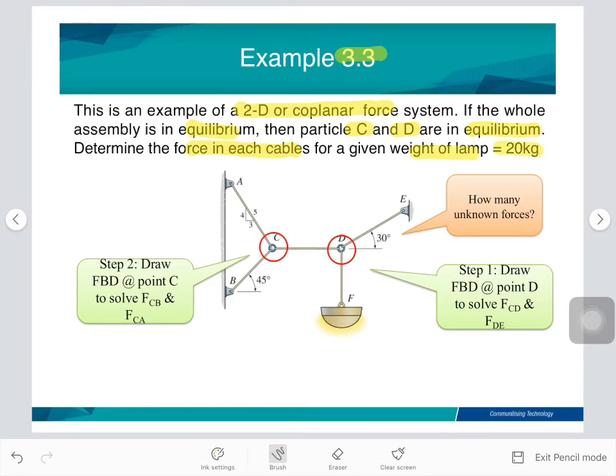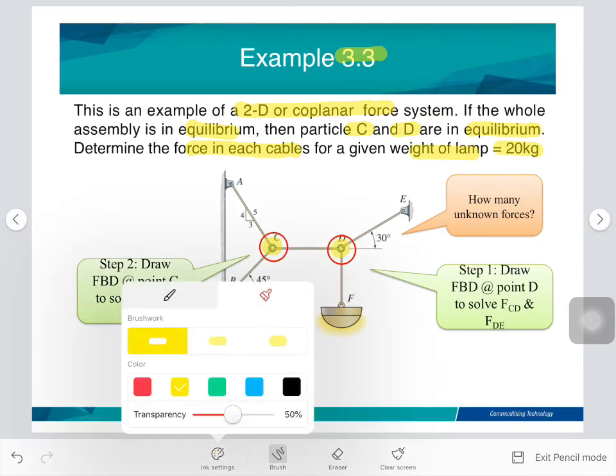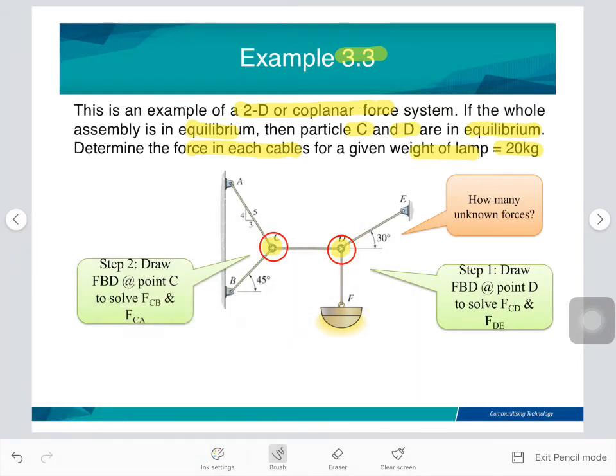Now, how many forces do we have here? We have 2 points of equilibrium, one at point C and one at point D. How many forces do we have? Let's say this is 1, this is TE, this is TF, and this is TC.